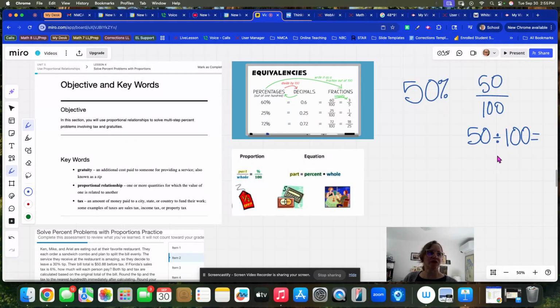The calculator will spit out 0.5. But the other way you can think of it is that in the decimal, this is the tenths, and this is the hundredths place.